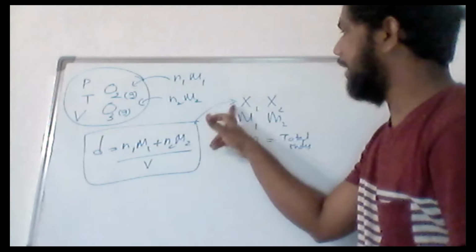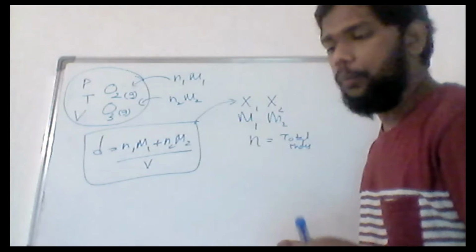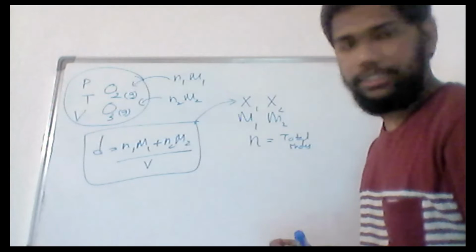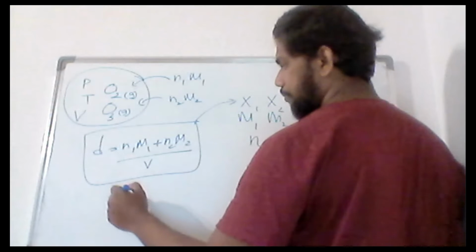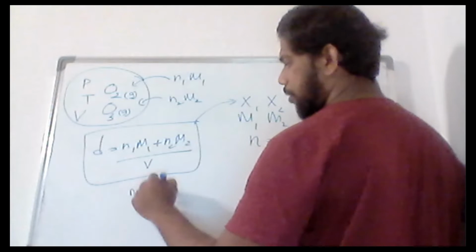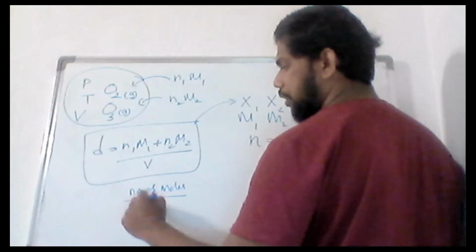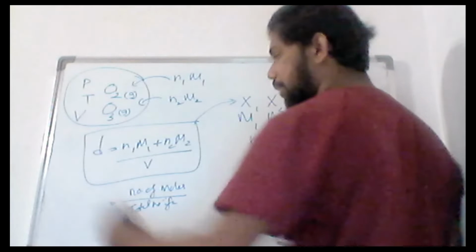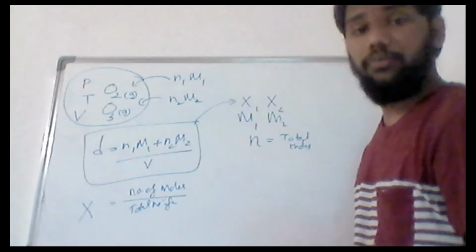When you see this x1, automatically it should come to mind that they are now talking about mole fraction. So what is mole fraction? The mole fraction is the number of moles over the total number of moles. So if you want to mention the mole fraction of O2, I think it will be x1.